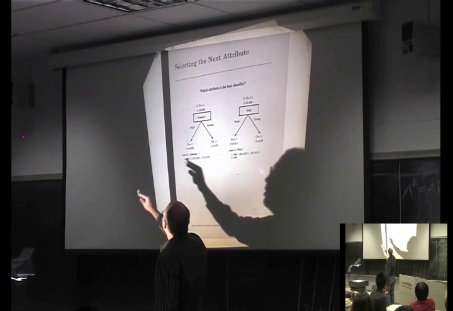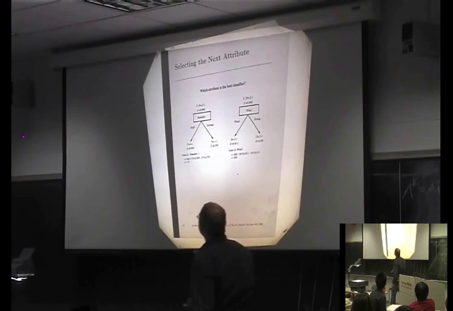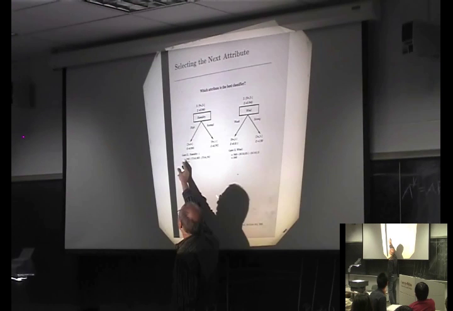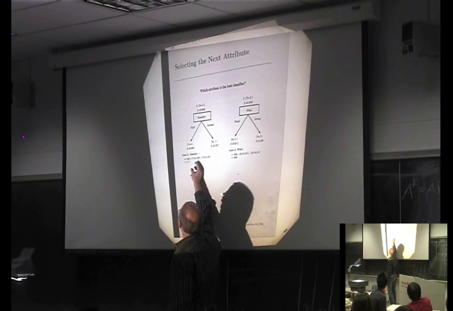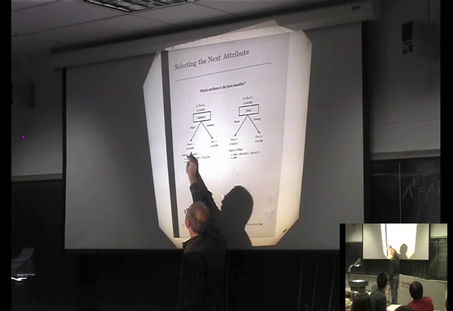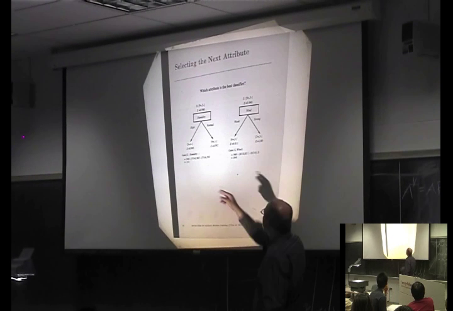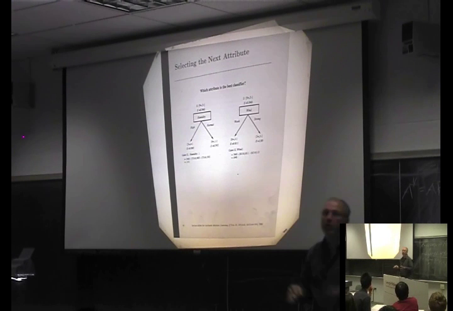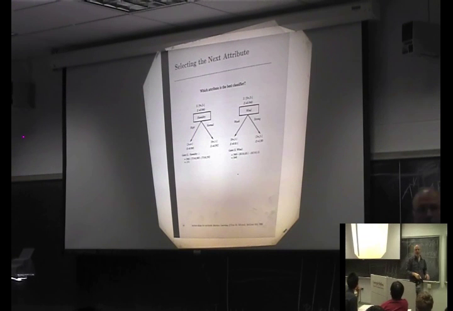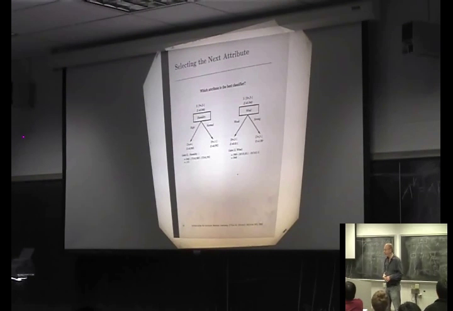What they call gain here is the mutual information, which is the difference between the original entropy and the weighted combination of the conditional entropies. These are the conditional entropies, conditional on being in this node. You do the calculation here, you do the calculation there, and you find out which has the highest mutual information, and you choose the attribute based on that.